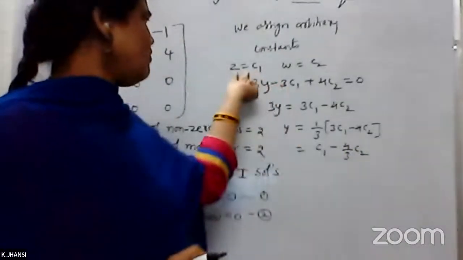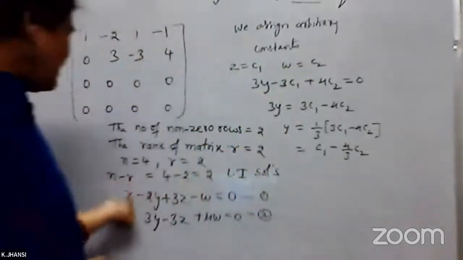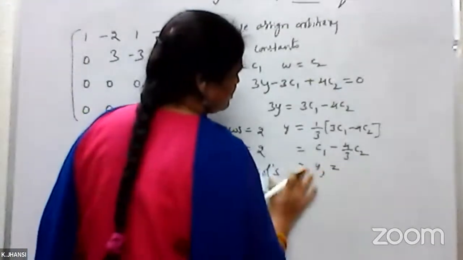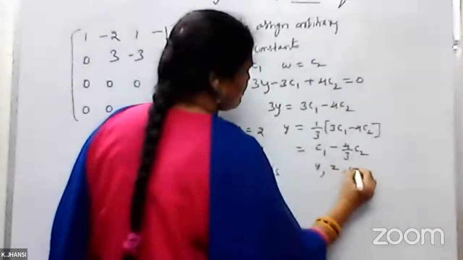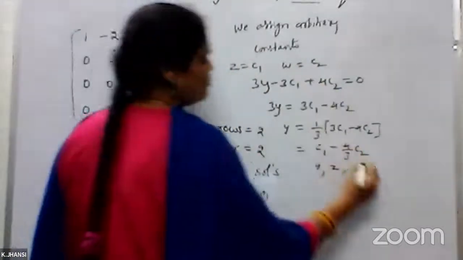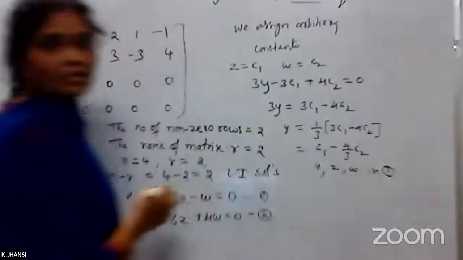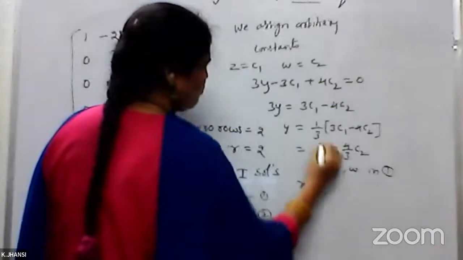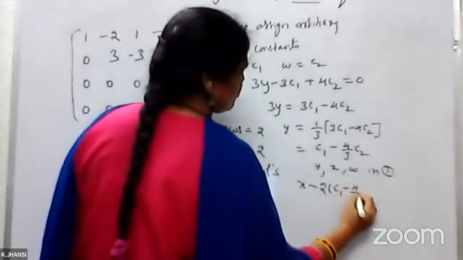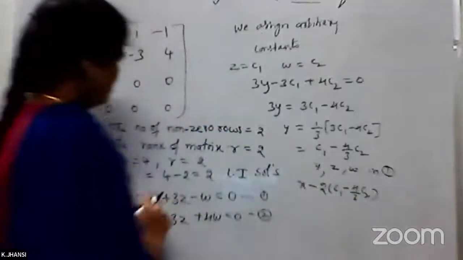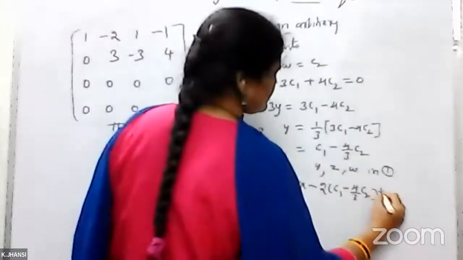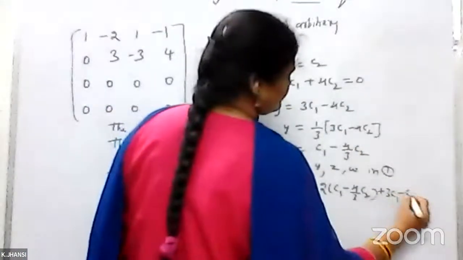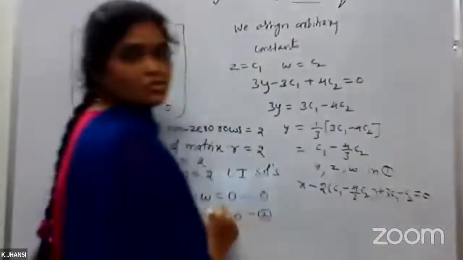Similarly, here we know what z and w are. We have to find the x value, so for that purpose you substitute the y value, z value, and w in equation 1. When you substitute, you will get x minus 2y, where y is c1 minus 4 by 3 c2, plus 3z, means plus 3c1 minus c2, equals 0.